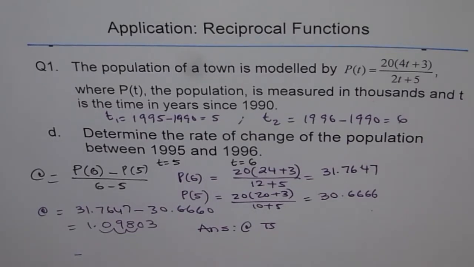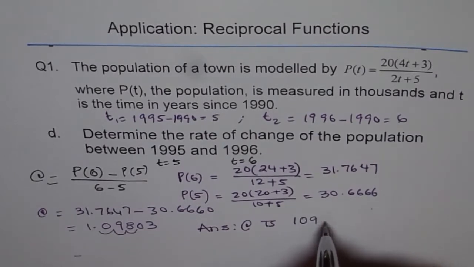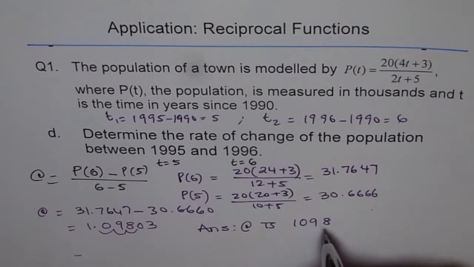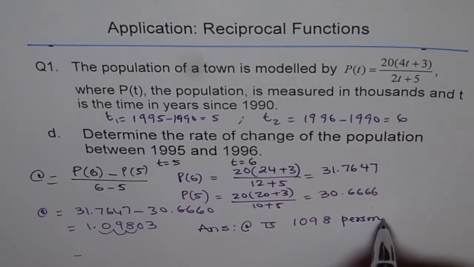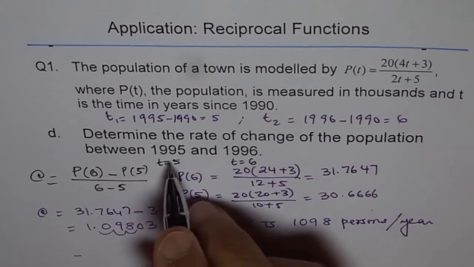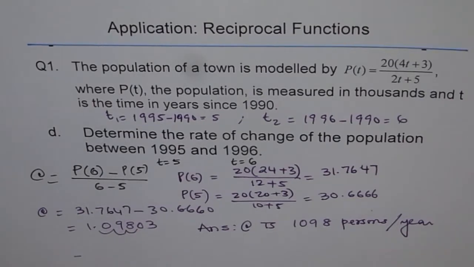So we get 1098 persons, right? That is the rate of change of population, so many persons for the year between 95 and 96, which is just 1. So that is the rate of change which you get in number of persons during that year. Correct? So that is how you're going to write the answer. Thank you.